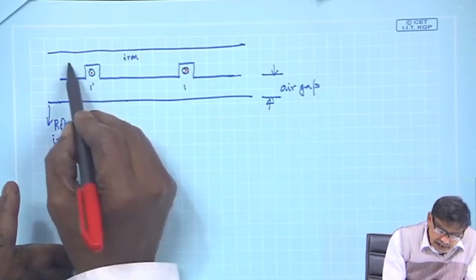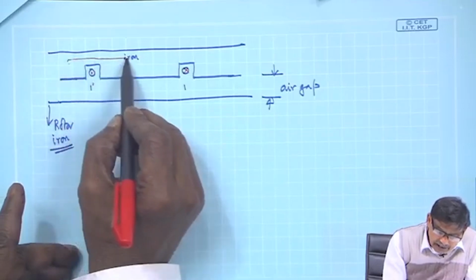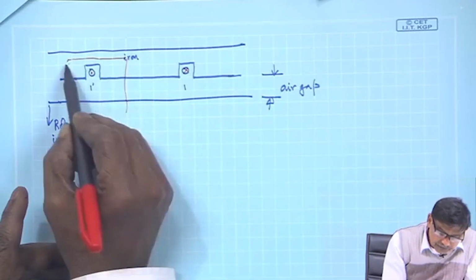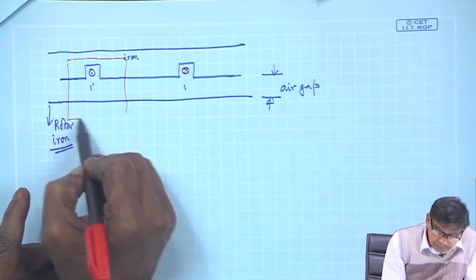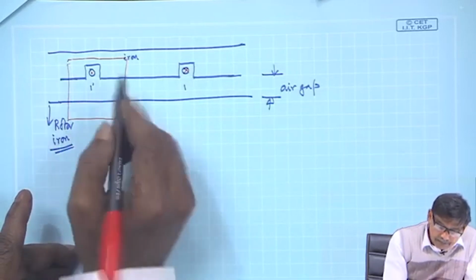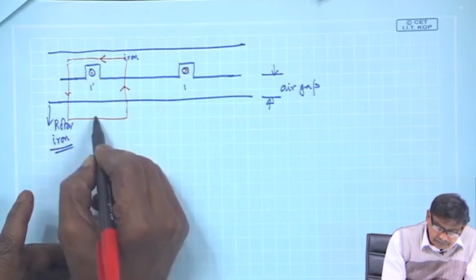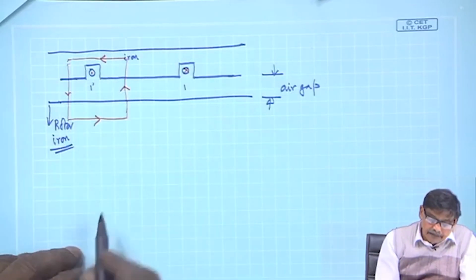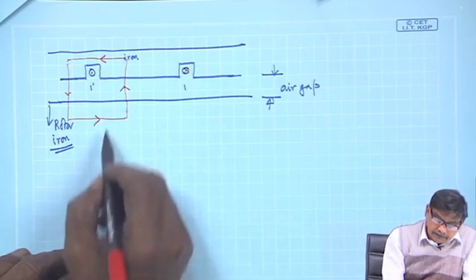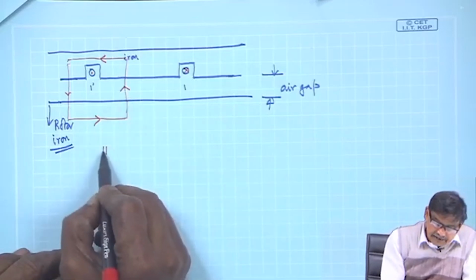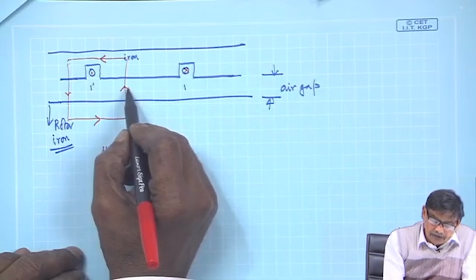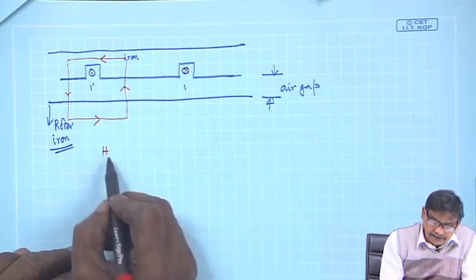Now, you see around this point, I have a lines of force. Consider a lines of force here. Okay. So, suppose the value of the gap H is Hg.